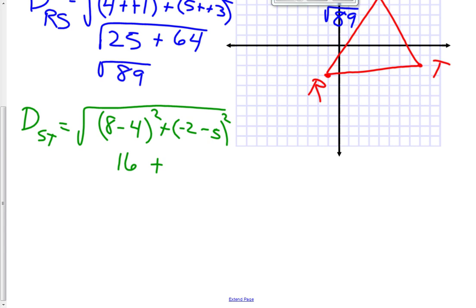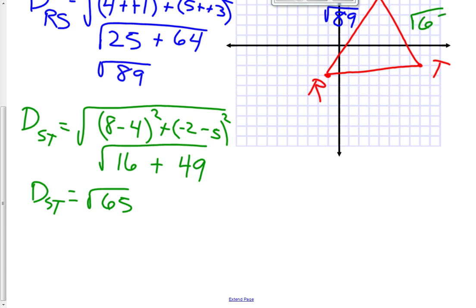Negative 2 minus 5 is a negative 7. Square negative 7 to get a positive 49. So the square root of 65 is the distance from S to T.